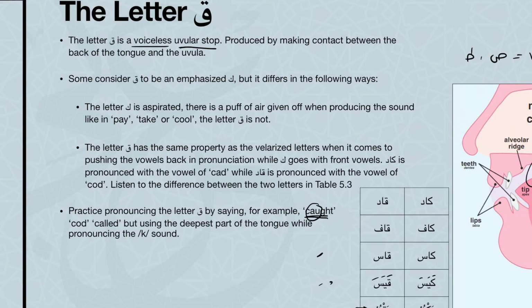Caught, caught. I'm probably emphasizing it more than it should be, but it's for the sake of clarity. Caught and cod, called. The English L becomes velarized in certain words, so the A borrows that velarization, but that is another topic.